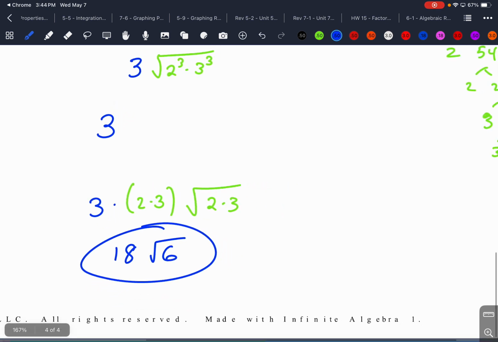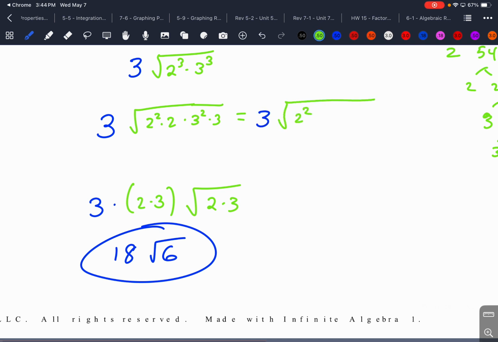But let me show this step the way that I did it before. So 2 cubed is 2 squared times 2, and this is 3 squared times 3. And if we break that up, we get 3 times the square root. I'm going to put the squares in front, right? And so that gives us, this 3 is still chilling out here. Don't forget about him. 2 squared, 3 squared, 2 times 3.